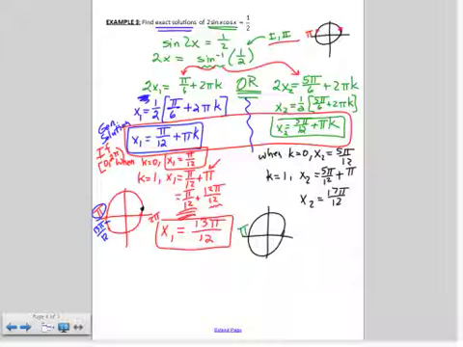If this is pi, that is also 12 pi over 12. Well, we know that this is pi over 2 right here, which with a denominator of 12 would be 6 pi over 12. And if this is 6 pi over 12, add 6 pi over 12 to that, we get to this. Add 6 pi over 12 to that, we get to 18 pi over 12. And notice 17 pi over 12 is still in this interval.